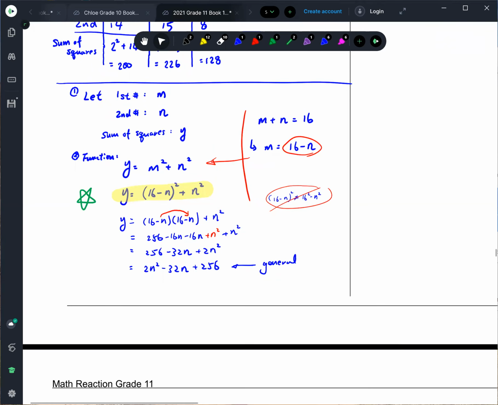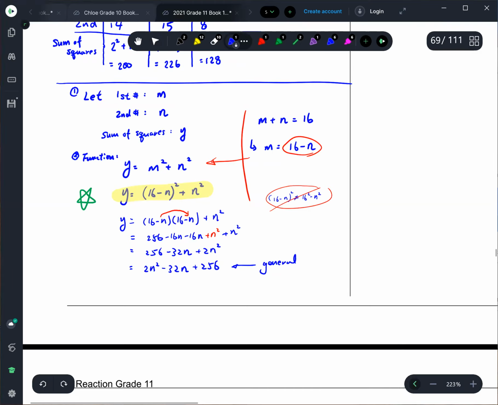Okay, let's check a few APQ for the vertex. I'll just write it on the side.